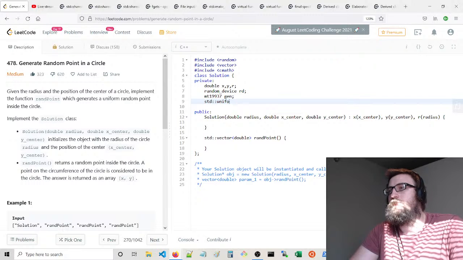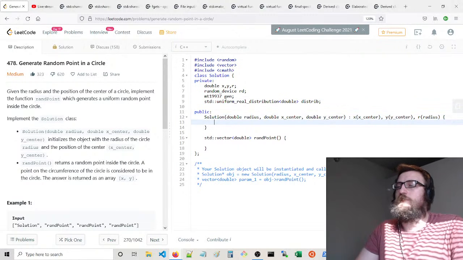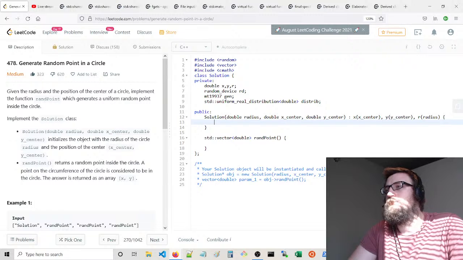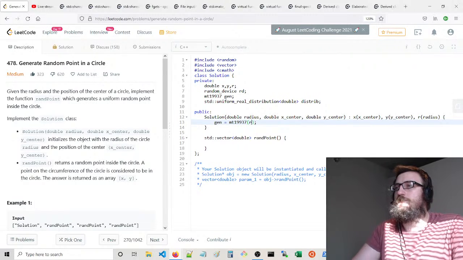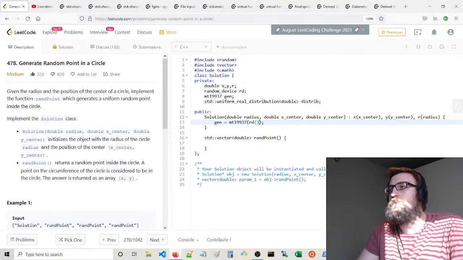In this case, we're going to use a real distribution of a double, and we're going to call this our distribution. And we're going to say gen is equal to mt19937 initialized with our random device, which we call once.